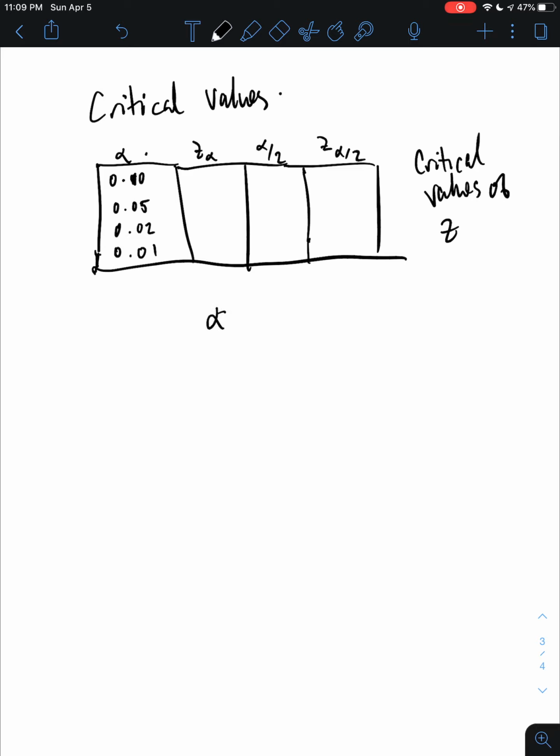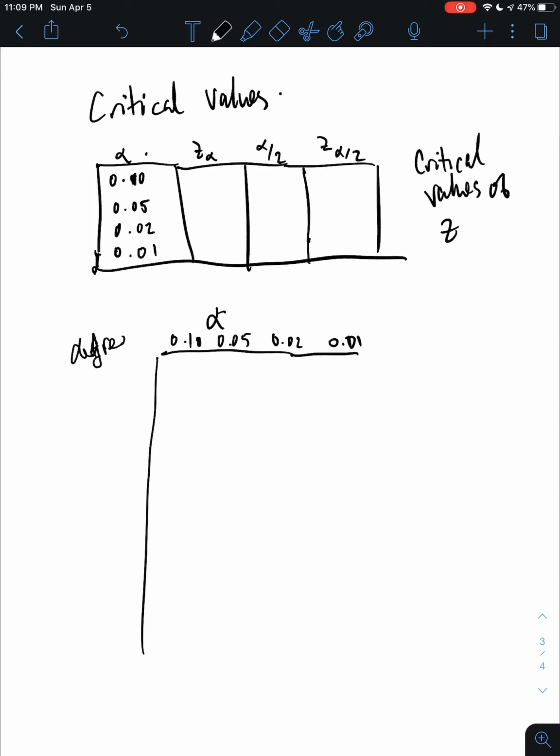We're going to write alpha across the top, and down the side of the table, we're going to have degrees of freedom.